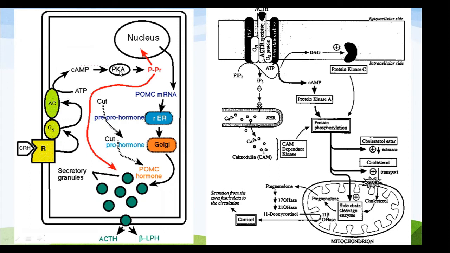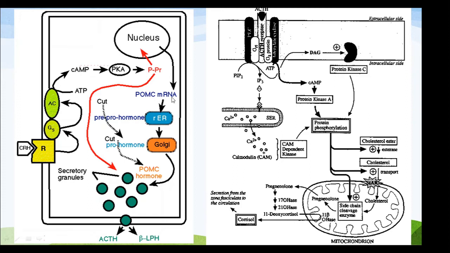Cyclic AMP activates protein kinase A, and protein kinase A phosphorylates several proteins. As a result, it affects the transcription in the nucleus of the mRNA to synthesize ACTH.